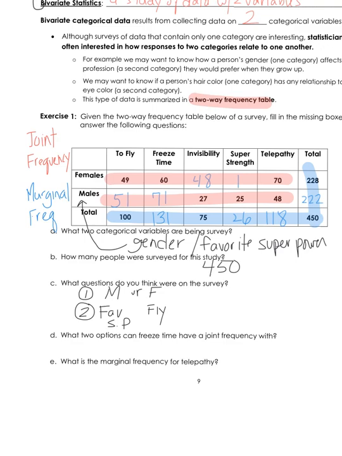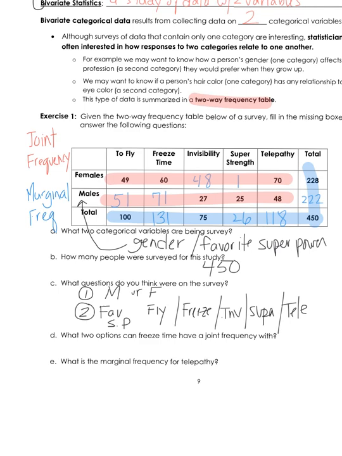They had to pick fly, freeze time, invisibility, super strength, telepathy.